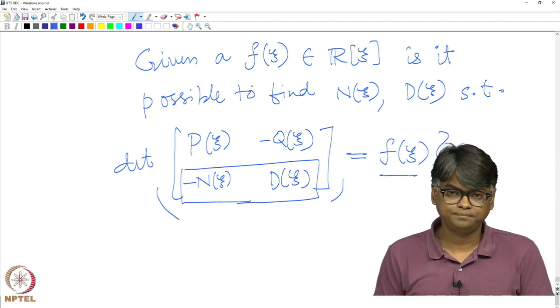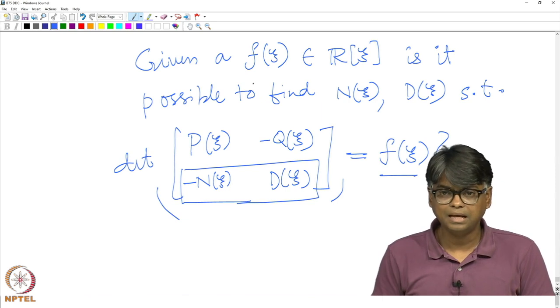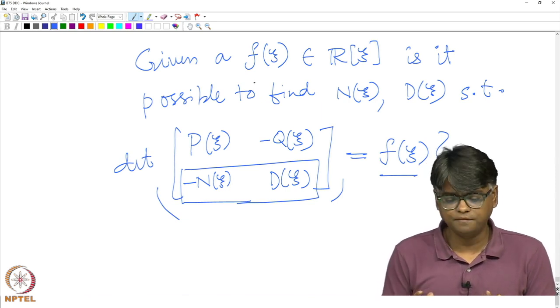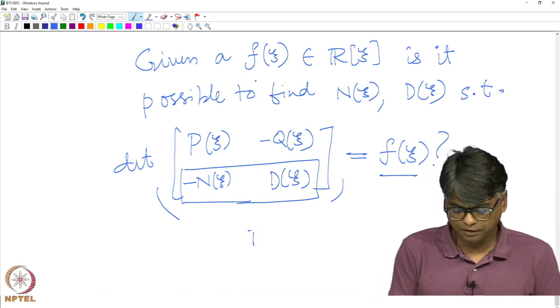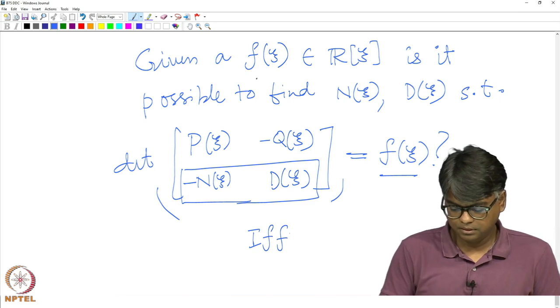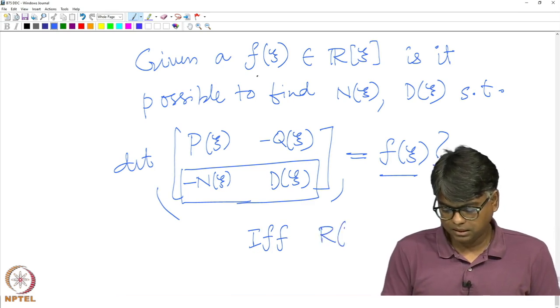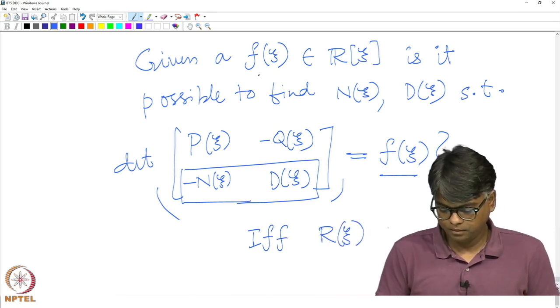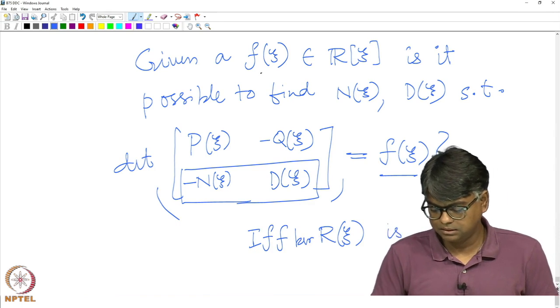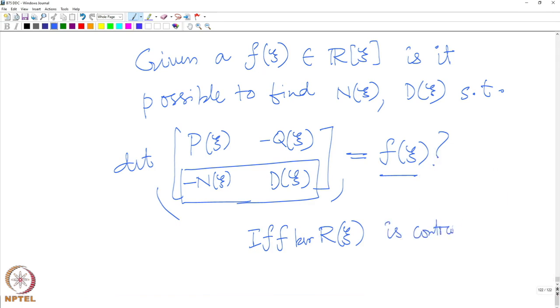Is it possible? The answer is that this is possible if and only if the behavior, kernel R(ξ), is controllable, behavioral controllability. Okay.